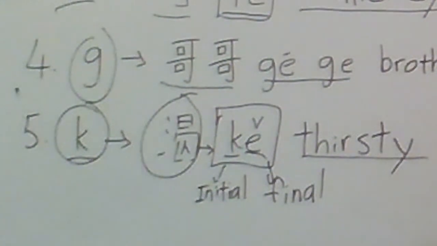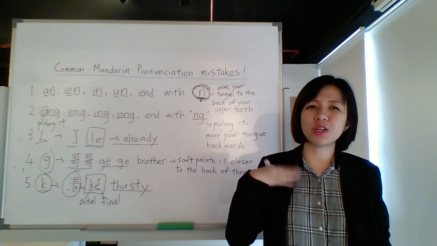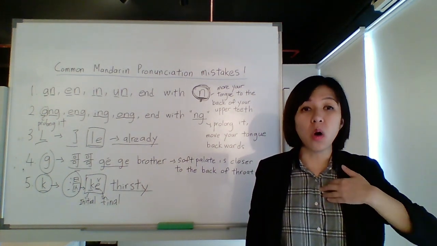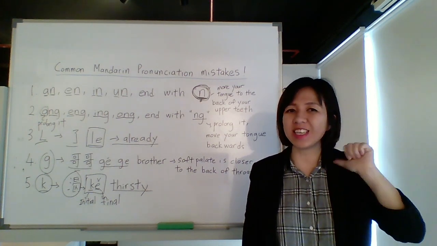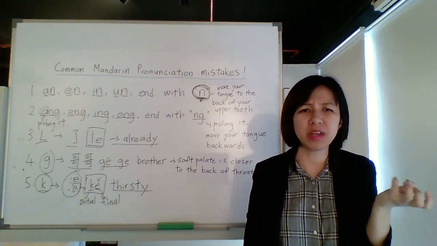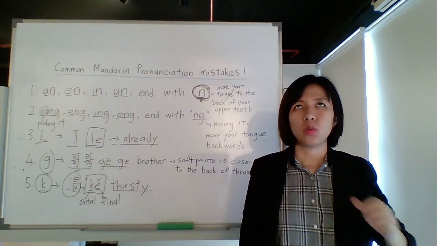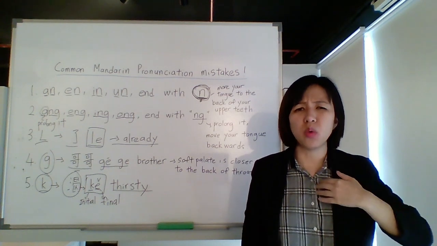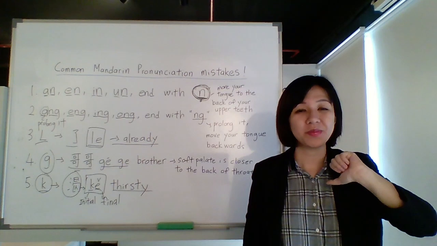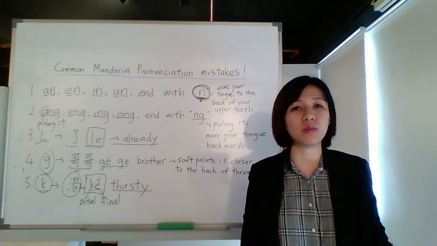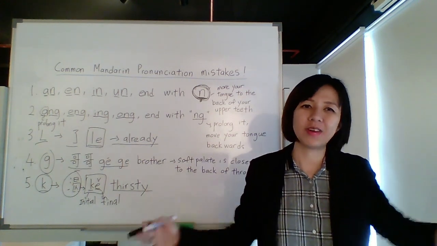If you want to say I want to drink water, you can say 我很渴. 我 means me, 很 means very, 渴 means thirsty. I am thirsty. 我很渴. 我要喝水. I want water. Give me water to drink. Okay, after that, you don't feel thirsty anymore.